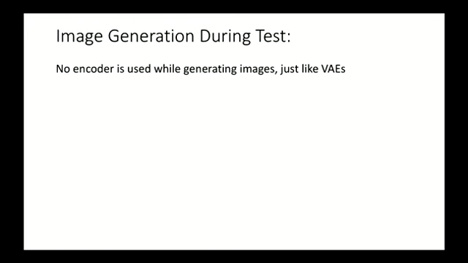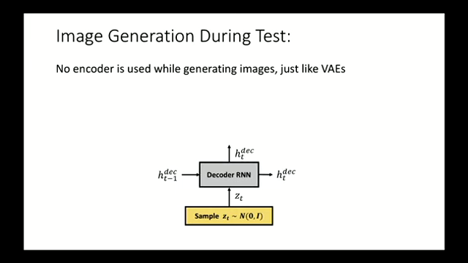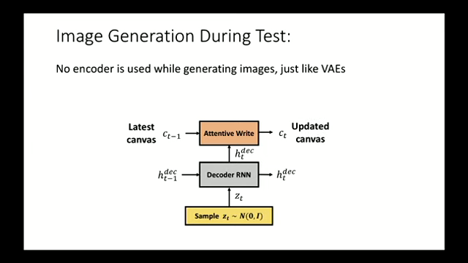While testing, there is no encoder, just like variational autoencoders. You start with the prior distribution and you just sample Z. Then you pass it through the decoder RNN, compute feed forward, update its state. You take the latest canvas, do attentive write, update the canvas, and this keeps repeating for T iterations. That's it. And then if the network is trained well, this will give you the generated image. A very good looking generated image.